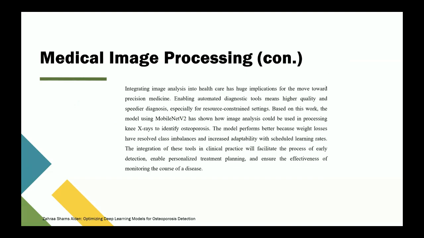Based on our work, our model is using the MobileNetV2 technique, which is a deep learning based CNN medical image analysis model that will analyze X-ray images to identify and predict osteoporosis.